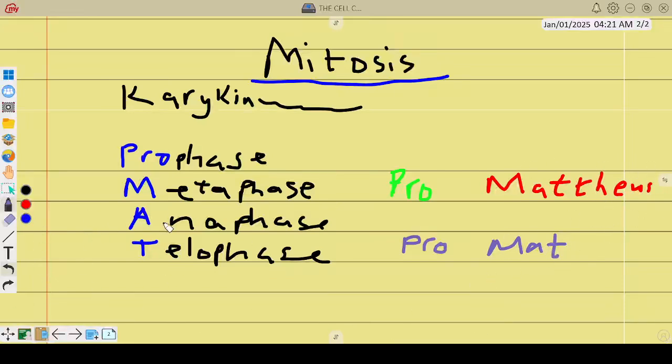Here the first stage is prophase. Then from Matthews, Matt, Professor Matt: M for metaphase, A for anaphase, and T for telophase.